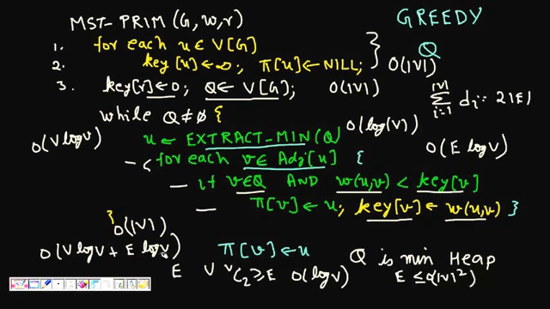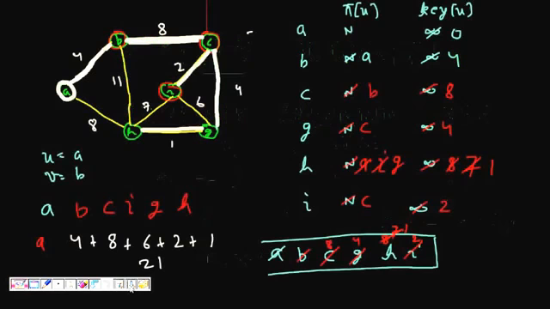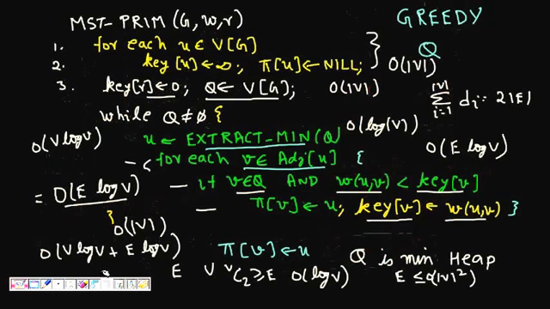So in E log of V, if you simplify it, it will come out to be O of E log of V. So this is the running time complexity with the help of min heap for Prim's algorithm. I hope you understand this lecture. Thanks a lot.